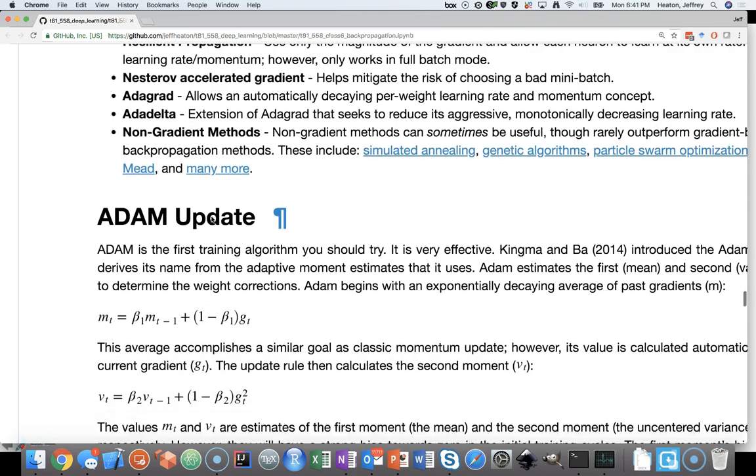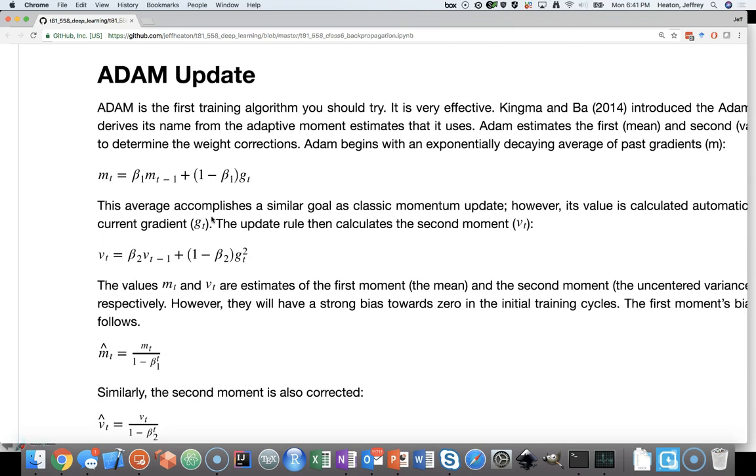The only thing that I do want to mention is there are some very advanced training techniques now that are available for deep learning. One that I've had pretty good luck with is ADAM. It is adaptive estimate of moment, and it was introduced in 2014. There's been a number of other improvements even beyond this one.